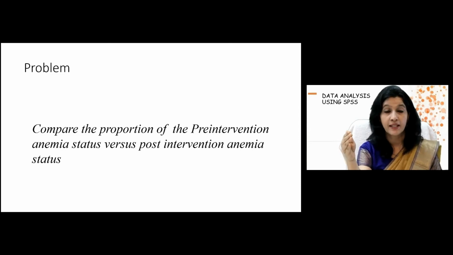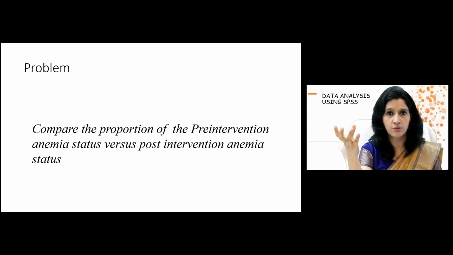But here, it's not the hemoglobin, rather it's the proportion. So if it is a proportion before and after, you will apply the McNemar. Remember the paired t-test assumptions still hold true here also, and the type of study design is similar in McNemar and the paired t-test.